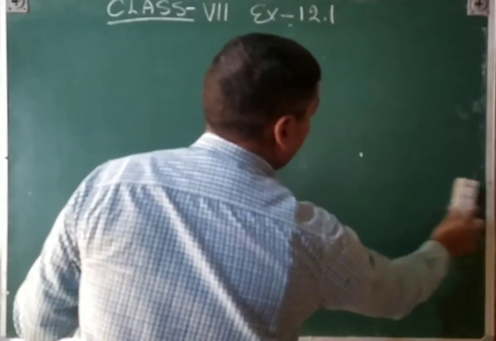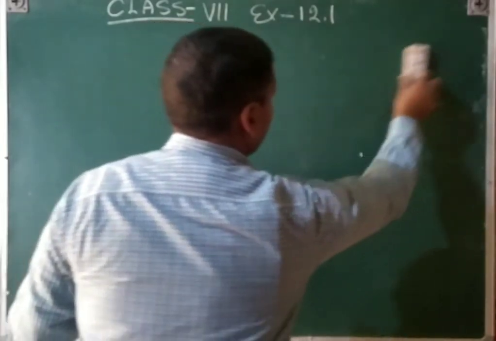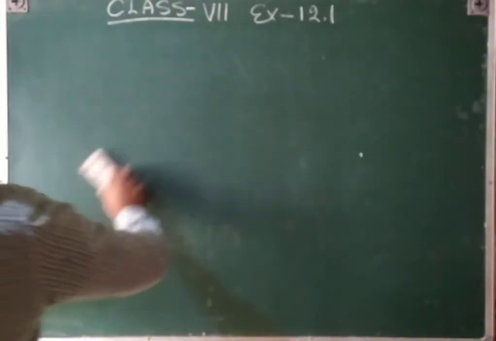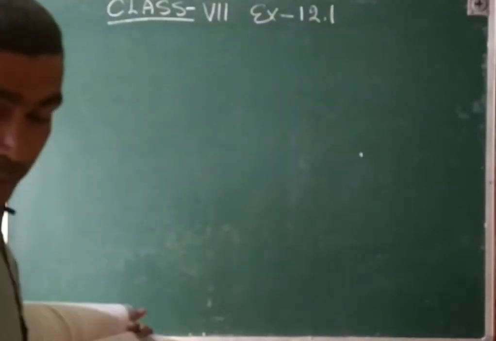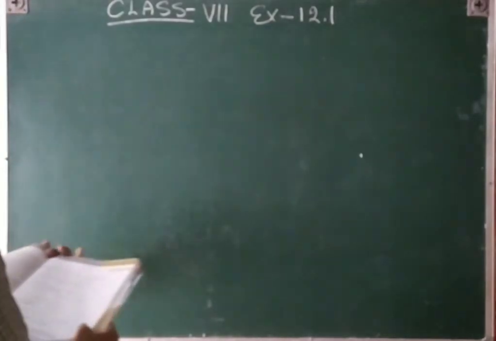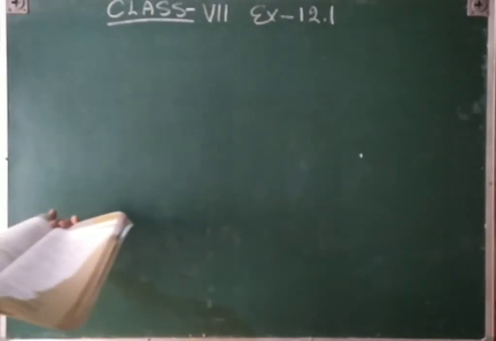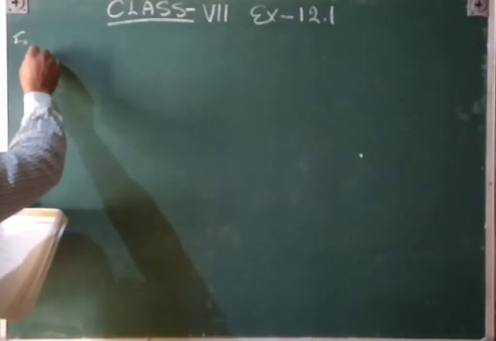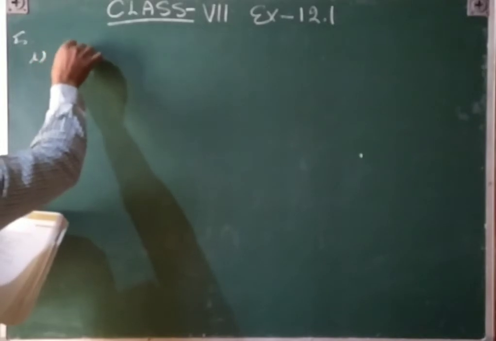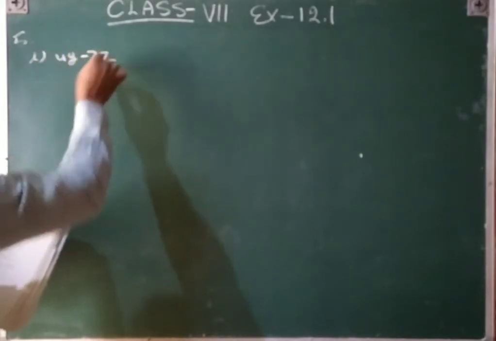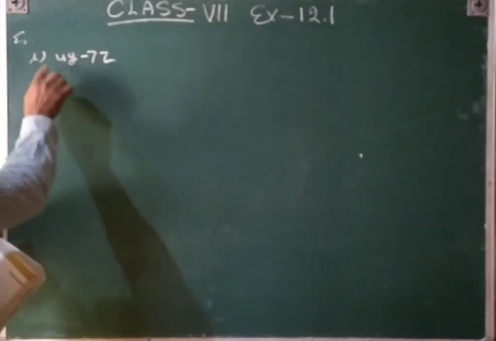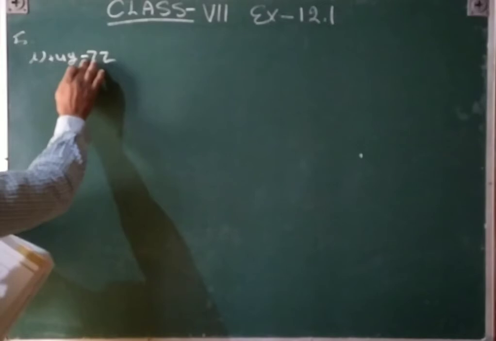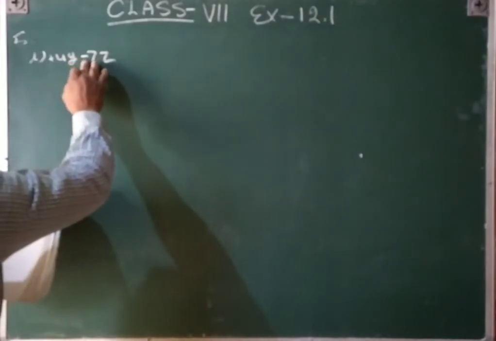If you are looking in your expression at two signs, plus minus, or plus plus, or minus minus, any two signs, that is a binomial. So the first part, here 4y minus 7z. Here there are two signs; no need to count the starting plus. One sign and two sign. So two signs are here, so that is a binomial.